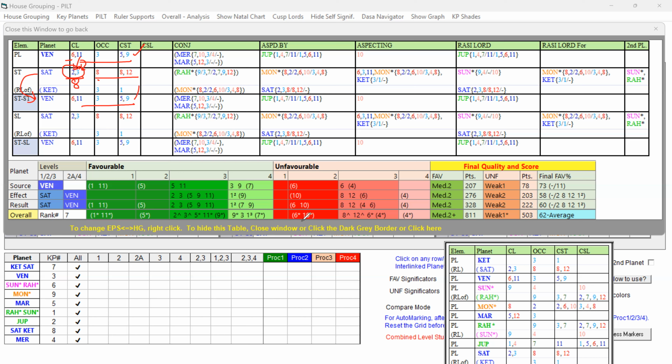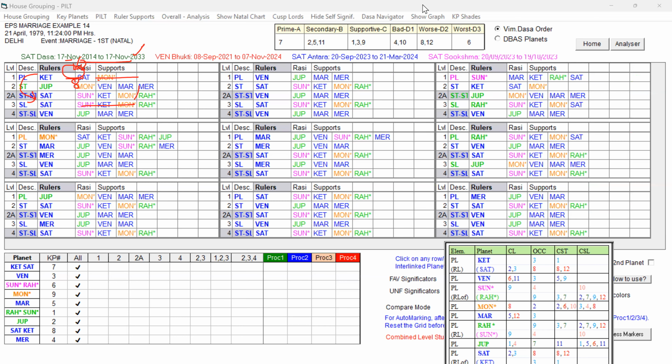So now, let me close this one. Okay. So we discussed about the Venus. All the rulers of the Venus and Saturn are the same. The only difference is Venus is in the star of Saturn, sub of Saturn.